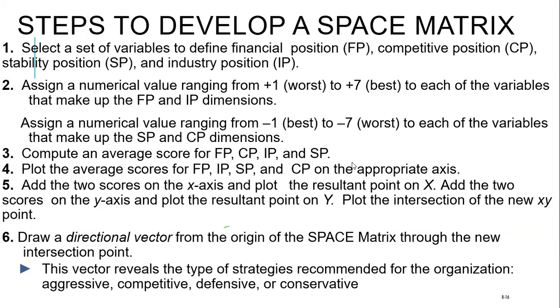So for financial position and competitive position, as well as stability position and industry position, you get to rate them based on how objectively they are manifesting in the environment.